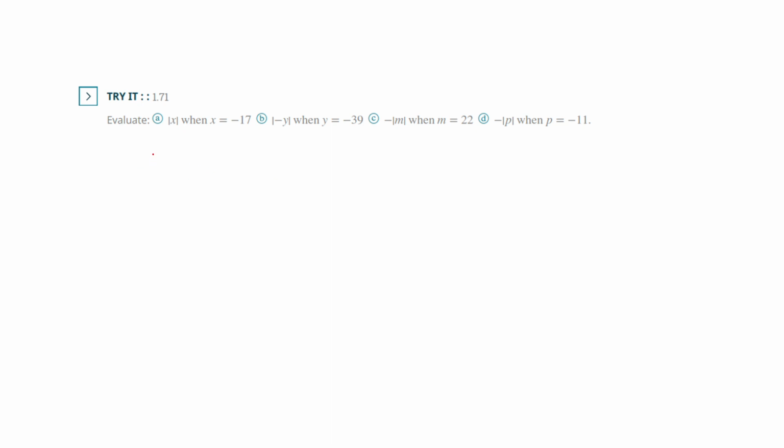Okay, so we're dropping in a negative 17. Now I'm not going to take a step and take away the parentheses, but there's no work to do in there, so that's just going to become 17. Okay, so the opposite of negative 39 is 39. It's inside an absolute value, so it's still 39.